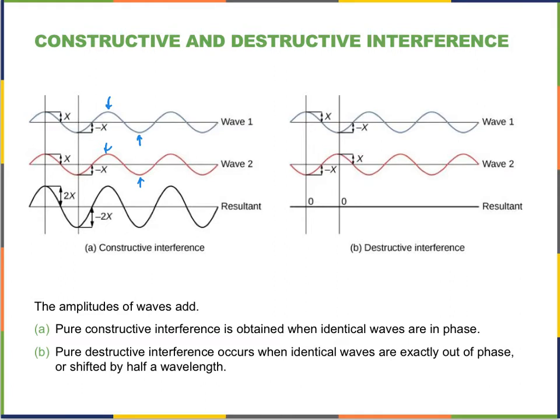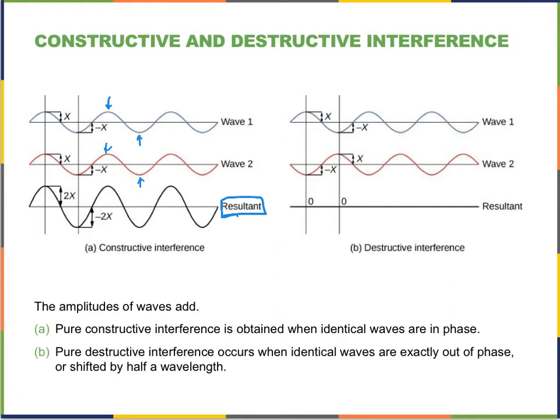If we add those two waves together through the principle of superposition, we get one wave which has twice the amplitude of the individual waves because they both had the same amplitude. Because they're adding together in a constructive way, we call it constructive interference.